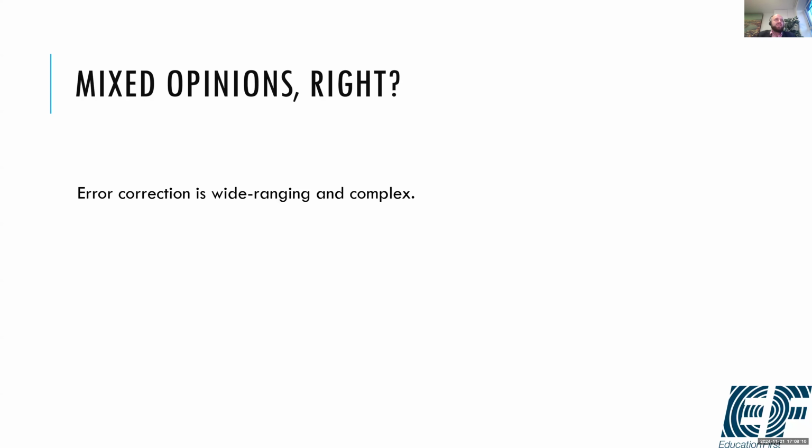So we had some mixed opinions. It's wide-ranging and it's complex, error correction. You error correct over a mass of skills. You error correct when somebody gives the wrong answer. You error correct when someone mispronounces a word, when somebody misconjugates a verb, when somebody perhaps could be aiming higher in their writing.